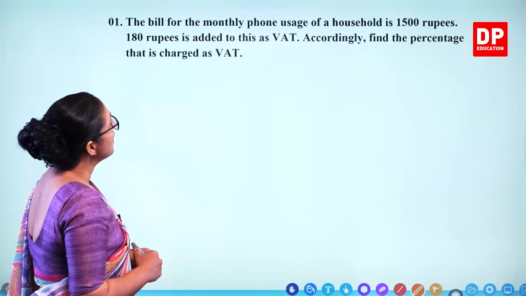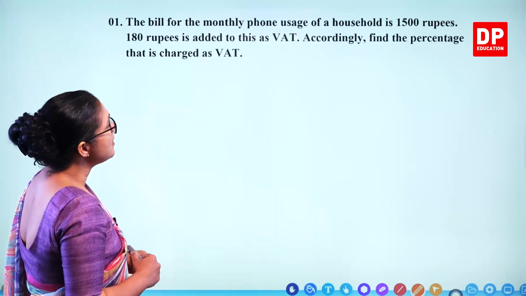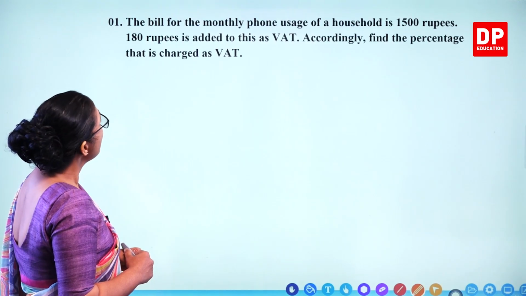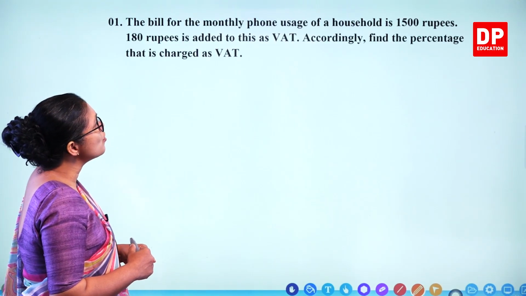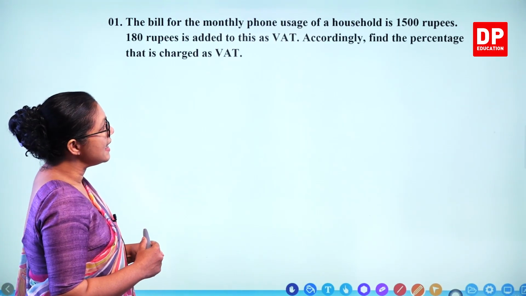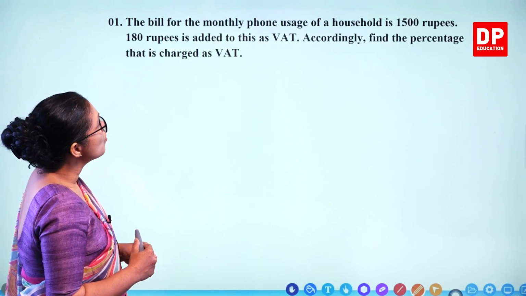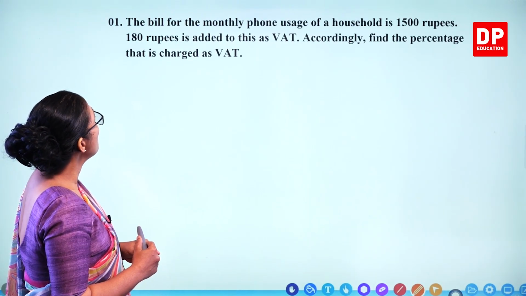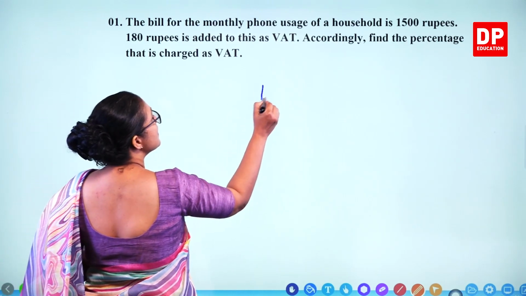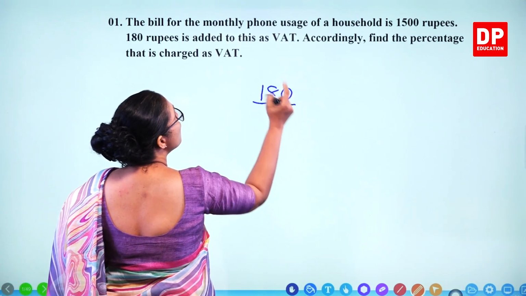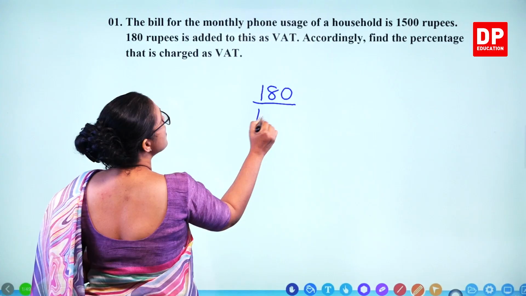The bill for the monthly phone usage of a household is 1,500 rupees. 180 rupees is added to this as VAT. Accordingly, find the percentage that is charged as VAT. So, what is the amount paid for VAT? 180 rupees for 1,500.